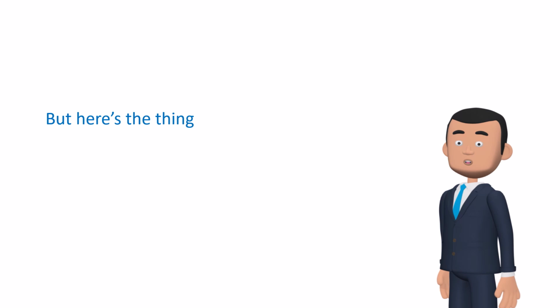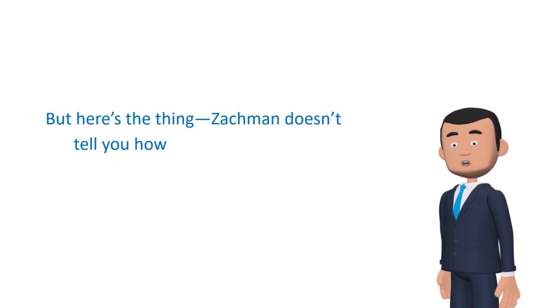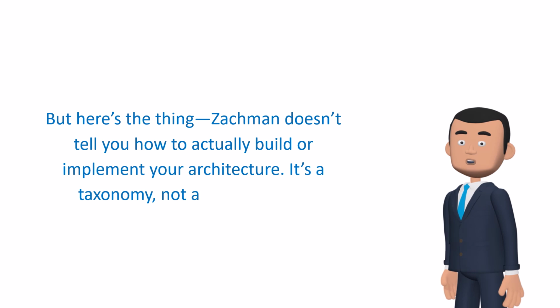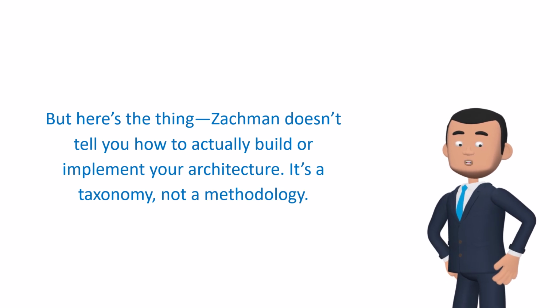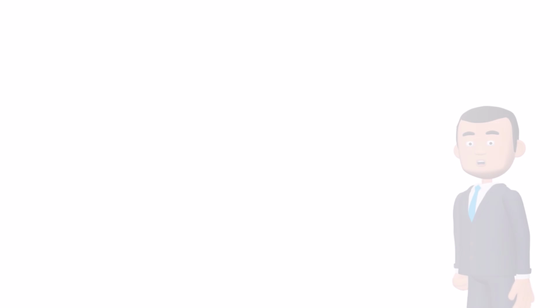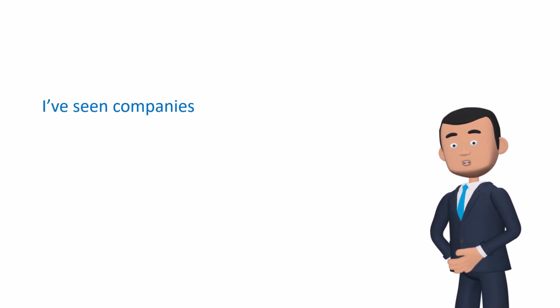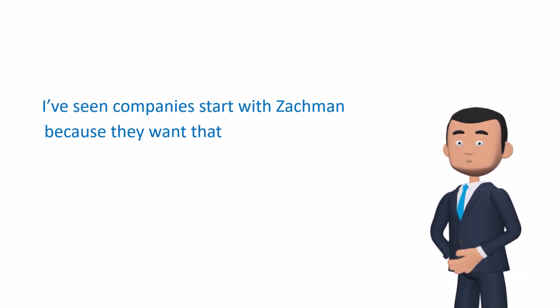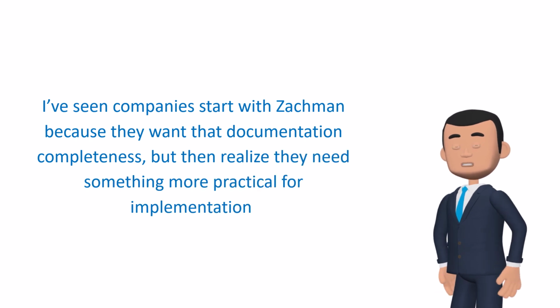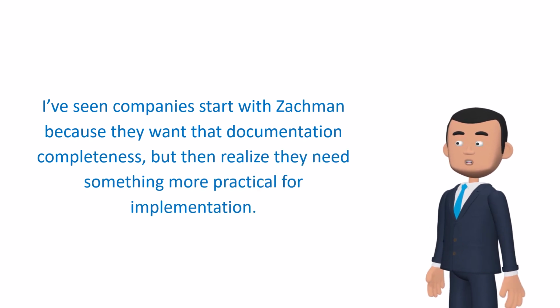But here's the thing, Zachman doesn't tell you how to actually build or implement your architecture. It's a taxonomy, not a methodology. I've seen companies start with Zachman because they want that documentation completeness, but then realize they need something more practical for implementation.